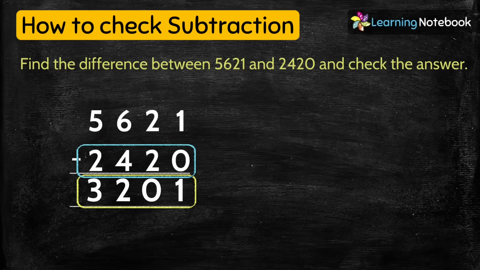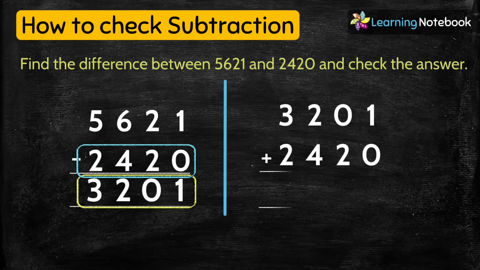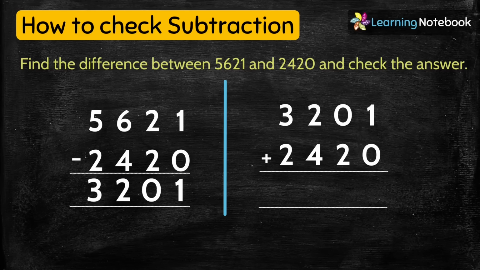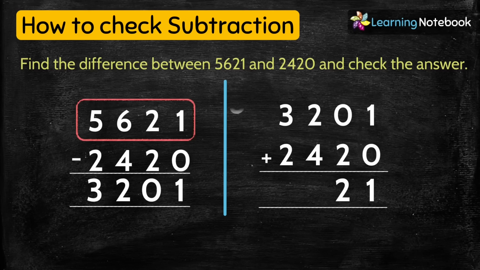Now students, to check this answer, we will add this difference and the subtrahend, which is 2420. And if their sum is equal to the minuend, that is 5621, then the answer is correct. So let's add them. 1 plus 0 equals 1. 0 plus 2 equals 2. 2 plus 4 equals 6.